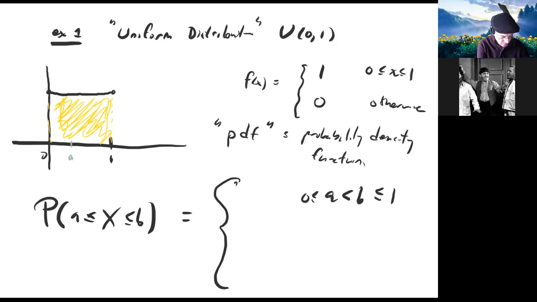A and B would be lying in this interval between 0 and 1. It would be the area of this rectangle enclosed by the green segments, and that would be base times height, so it would be B minus A.